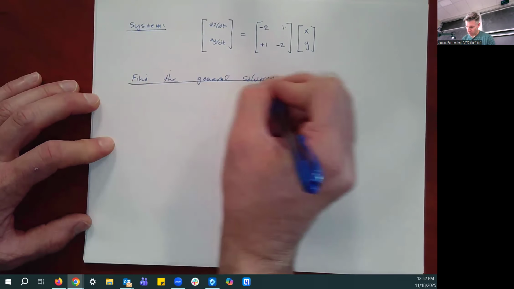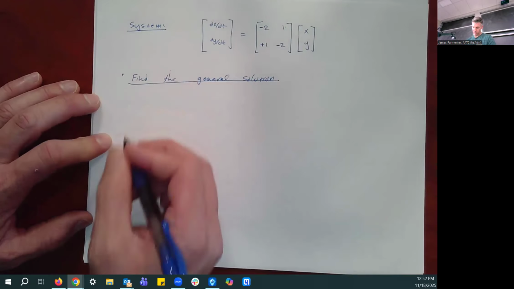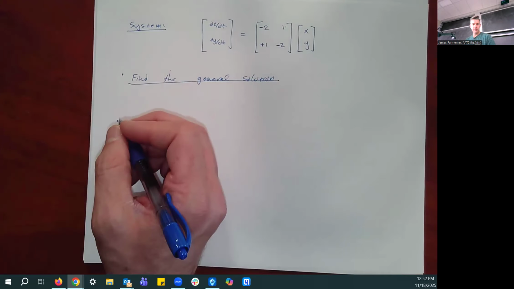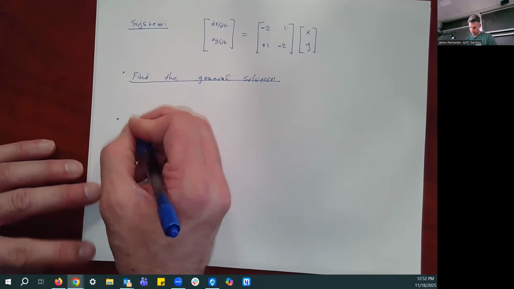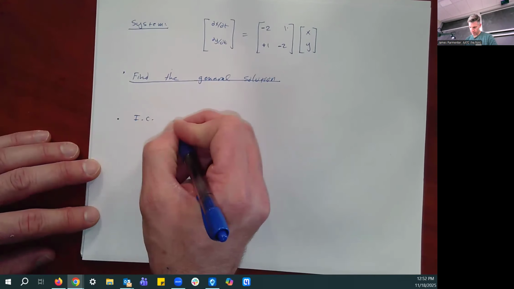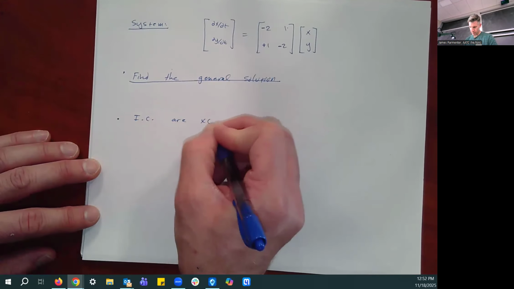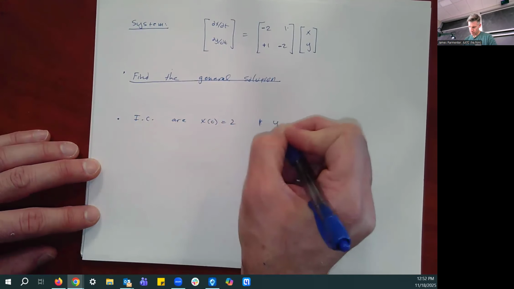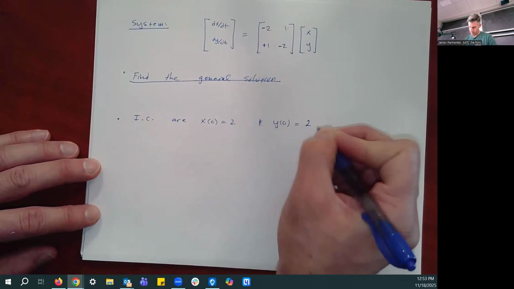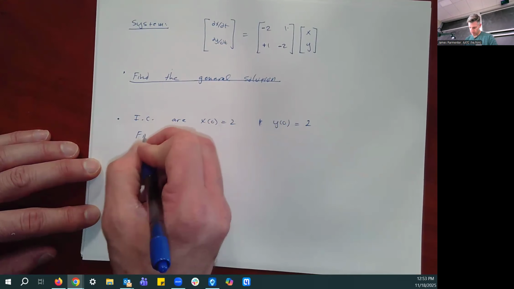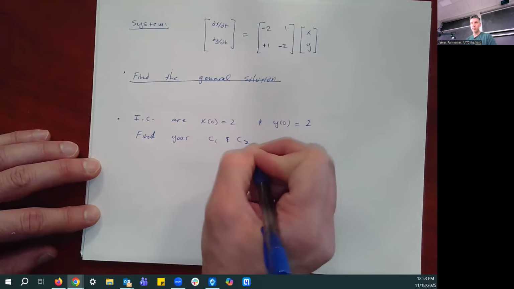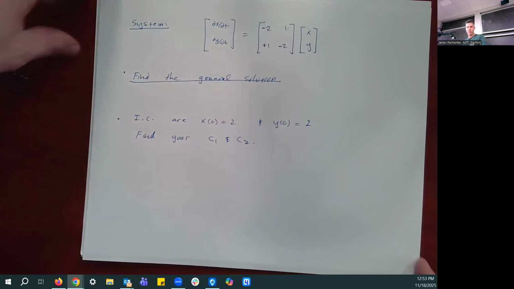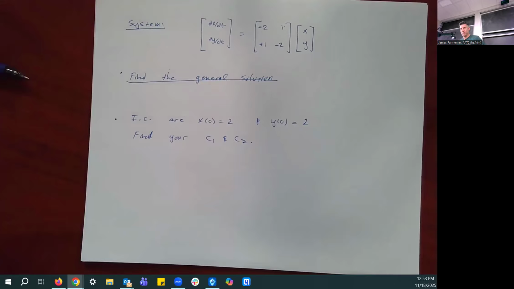And after you find the general solution, I'll give you some initial conditions. I'm going to give you like 5 minutes, which should probably be enough time. It depends.